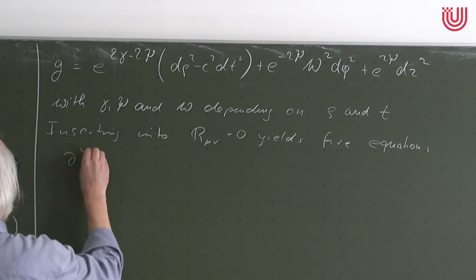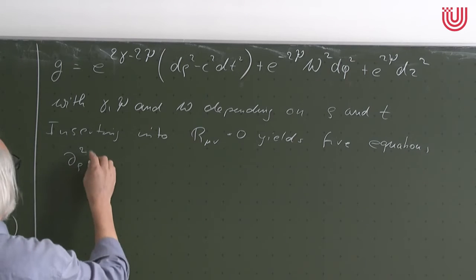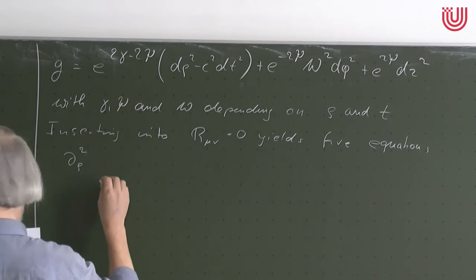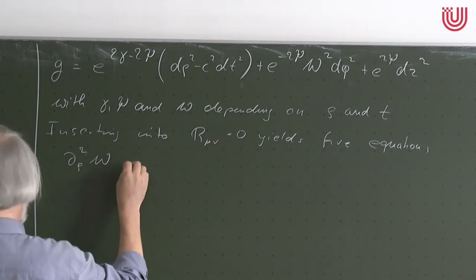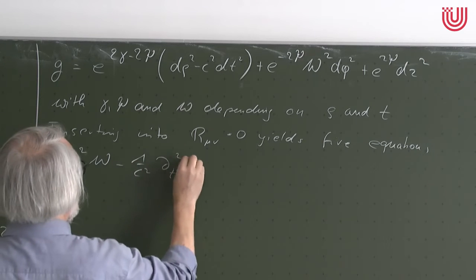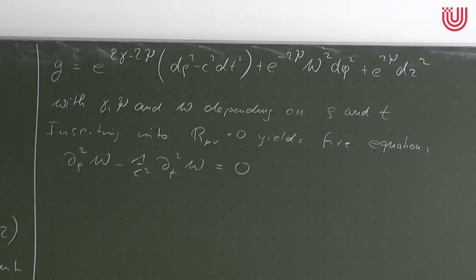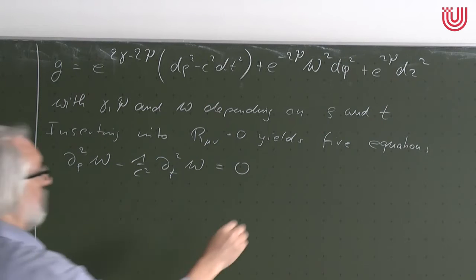Of course, they are second-order differential equations for the three functions gamma, psi, and w. Begin with w: 1 over c squared d_t squared w minus d_rho squared w is 0. Kind of a wave equation for w, right? So let's call this b1.